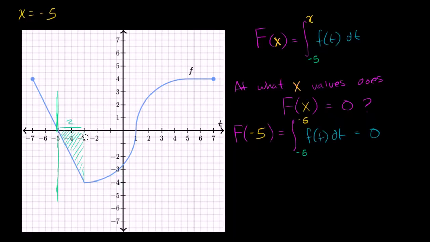This height right over here is 4. So this area right over here is 2 times 4 times 1/2, which is going to be 4. And since it's below the t-axis, we'll write this as a negative. We'll write that as a -4. And now, so let's see.